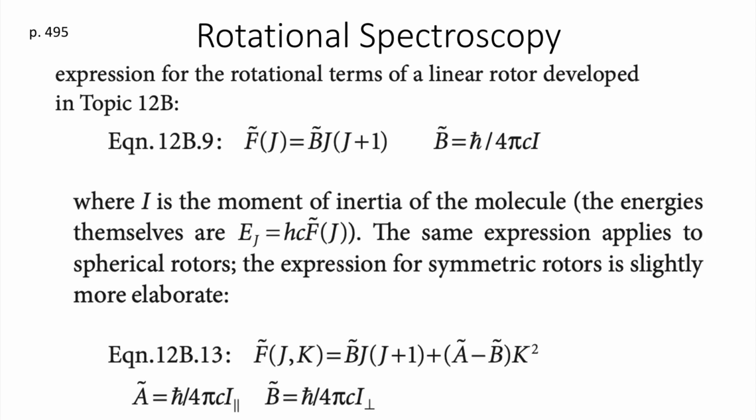And on this page where we show some equations, the top one has to do with the linear rotor, and the bottom one has to do with the symmetric rotor. That linear rotor equation at the very top, we're going to go over quite a bit because HCl gas, hydrogen chloride gas, is one of these classic examples of looking at rotational spectroscopy, and that certainly qualifies as a linear rotor.